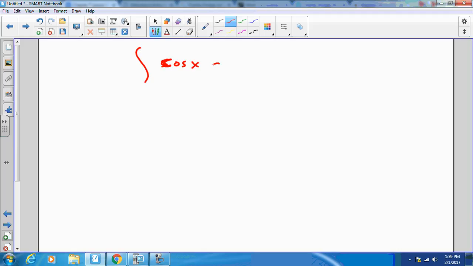So, for example, what is the function whose derivative is cosine x? Plus the mandatory constant. Now the plus c here means that I have the general answer. This is the most complete possible answer. So this is the general antiderivative.